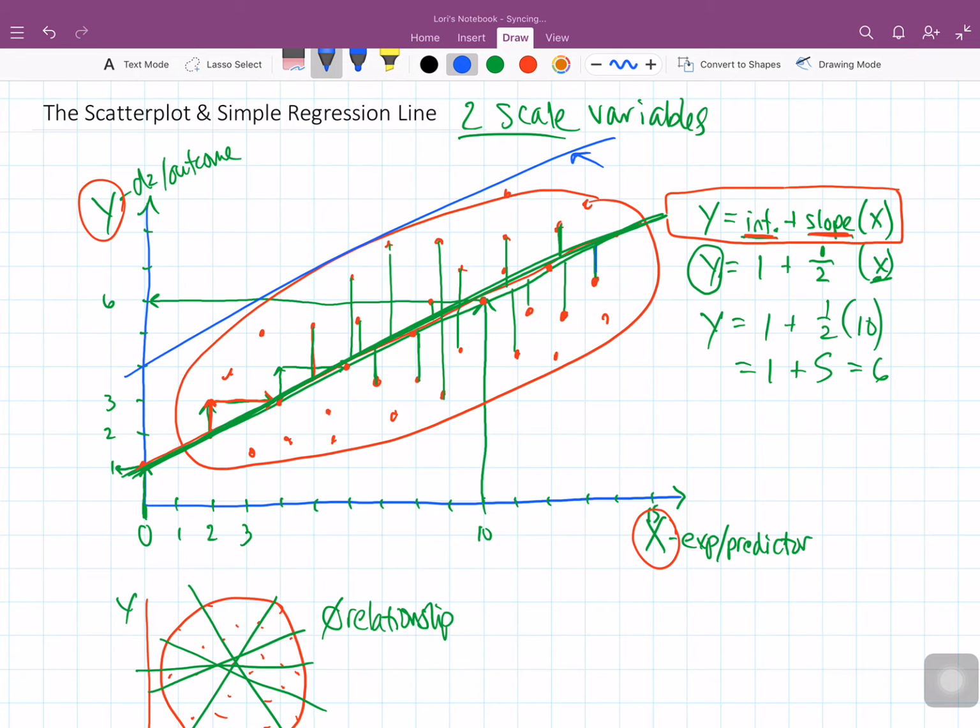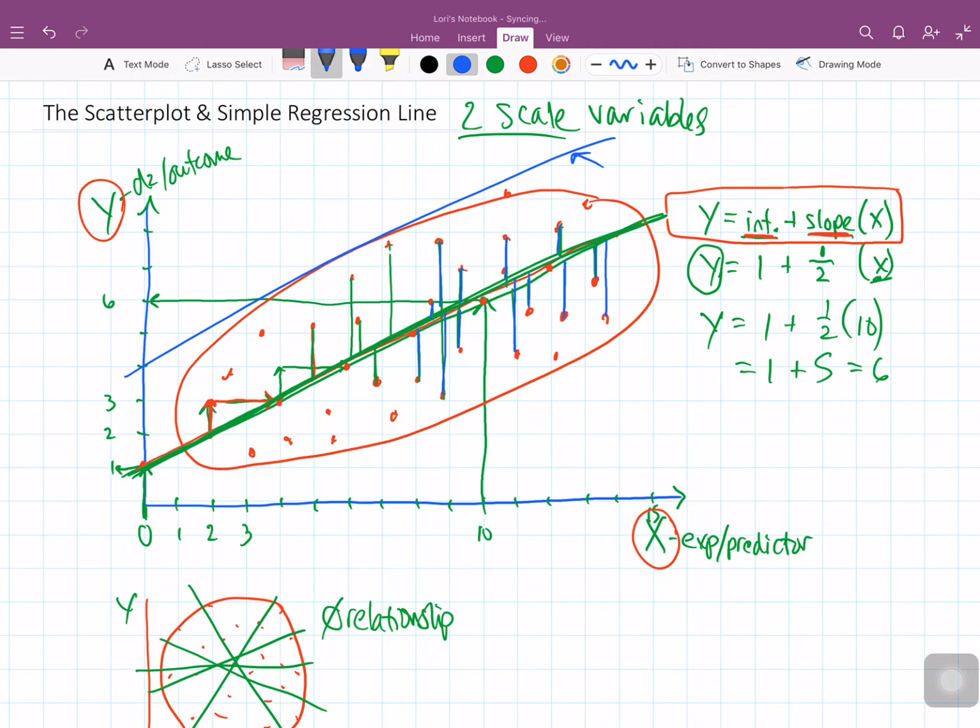So basically what the computer does in order to place this line in the right location is it calculates all of these distances, and it finds the line that will collectively be so close that if we were to take all of these distances and square them, then this is the line that creates the smallest number out of all of those collective calculations.